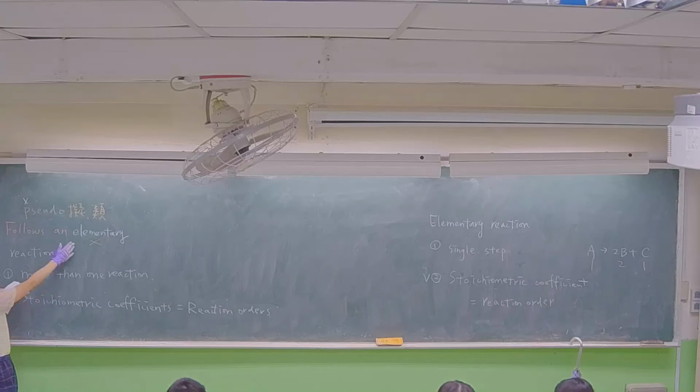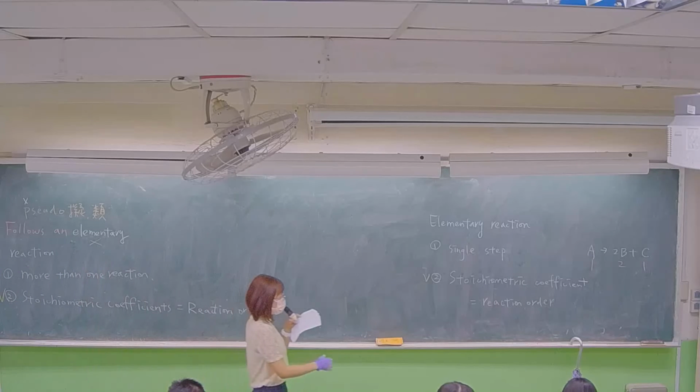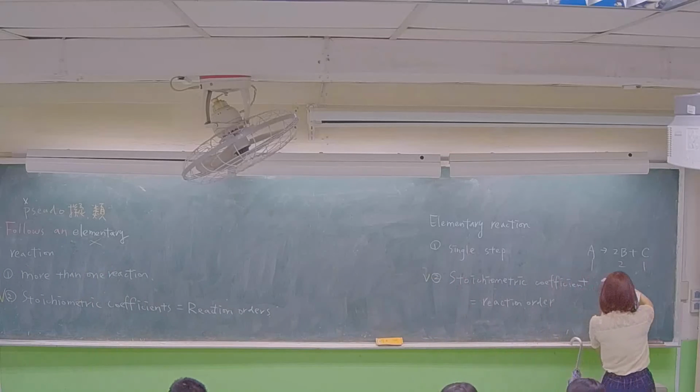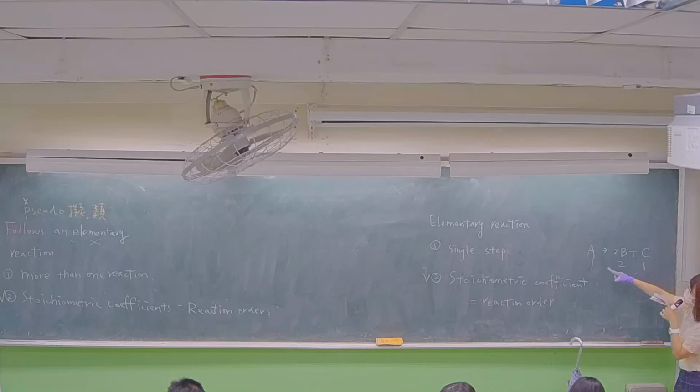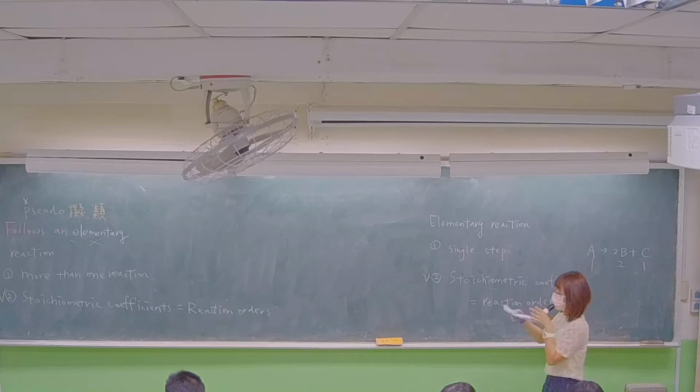Elementary means a single reaction. But this one is not a single reaction, though the appearance is like an elementary reaction. So if you see elementary reaction or follows an elementary reaction, you can use this property. If you see a chemical reaction like this, you can just use the coefficient as the order.